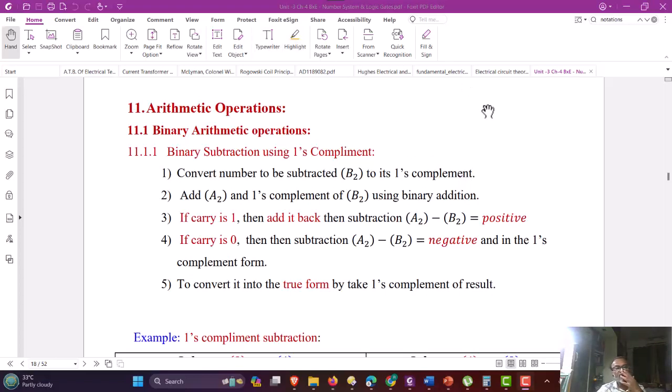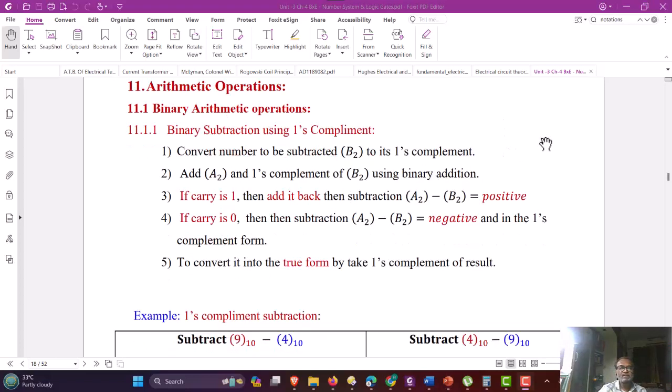Now let us see the arithmetic operations that can be performed by using 1's complement and 2's complement, starting with binary subtraction using 1's complement. We know that in any system, like the decimal system also, addition of a negative number is basically performing a subtraction.